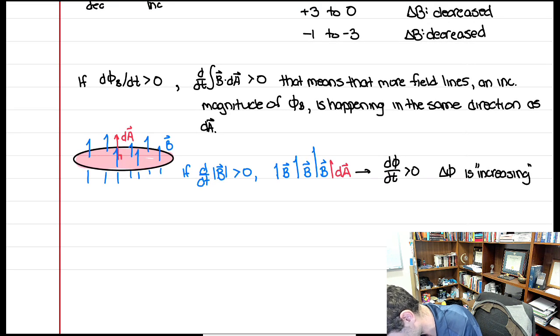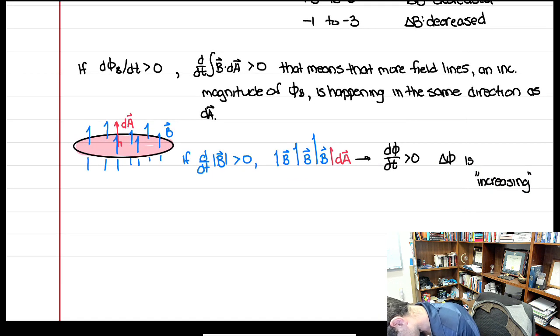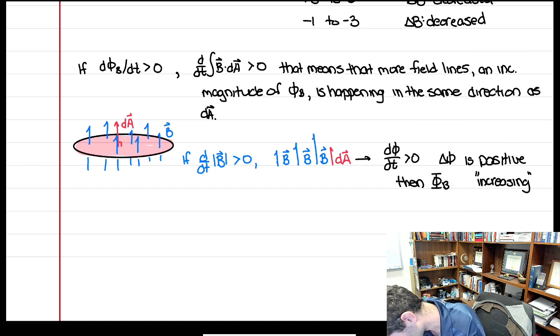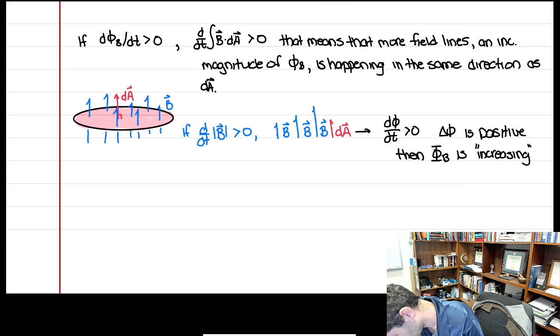If I'm saying that the delta phi is positive, then the total flux is increasing, in that there is more flux in the direction of dA.